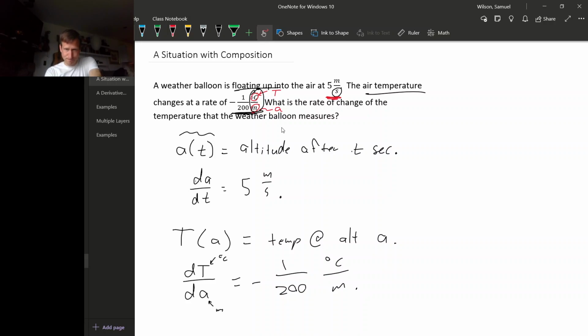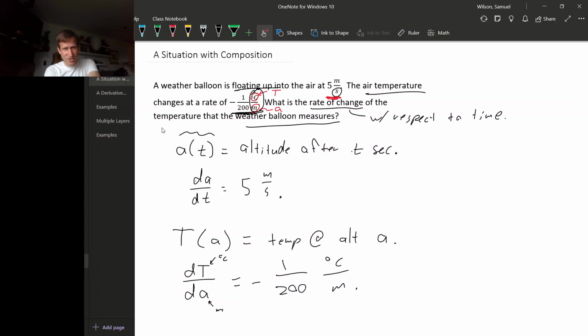Okay, so now let's see if we can answer the question: what is the rate of change of the temperature that the weather balloon measures? It's kind of implicit, so maybe I should have said this explicitly for this setup, but the rate of change I have in mind here is the rate of change with respect to time.